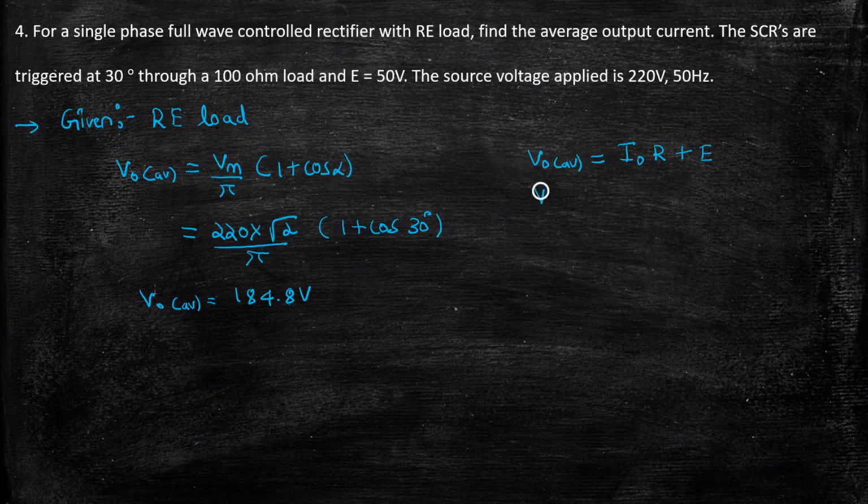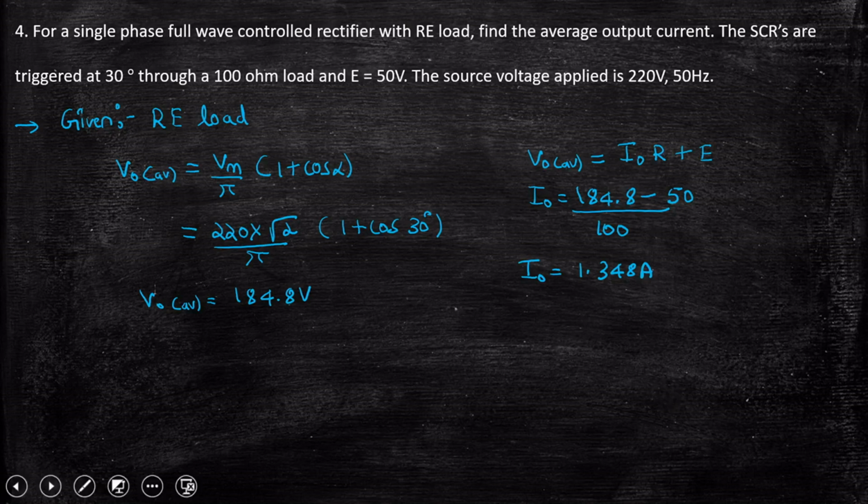So Iout is equal to 184.8 minus 50, divided by R, which is 100. Simplifying this, you will be getting Iout equal to 1.348 amps. So this is how you find the average output current for an RE load configuration for a single phase full wave control rectifier. I hope this point is clear.